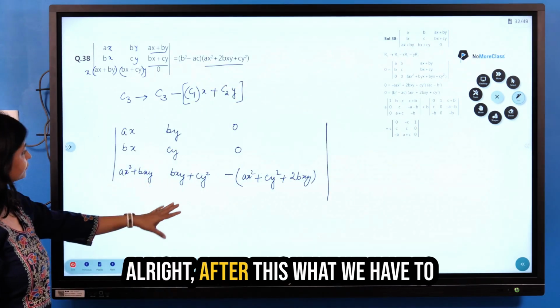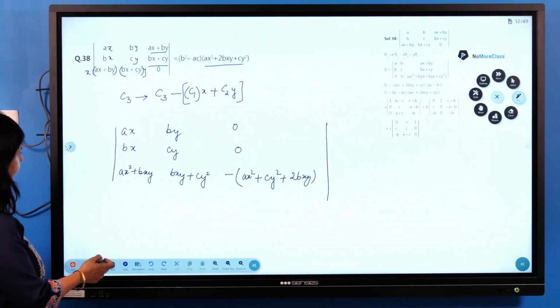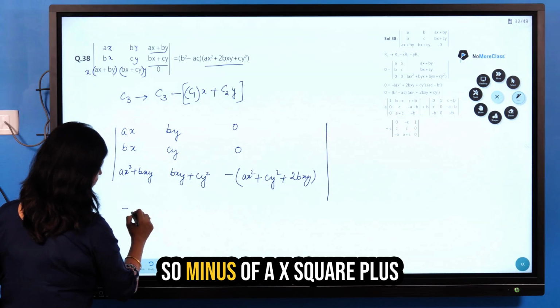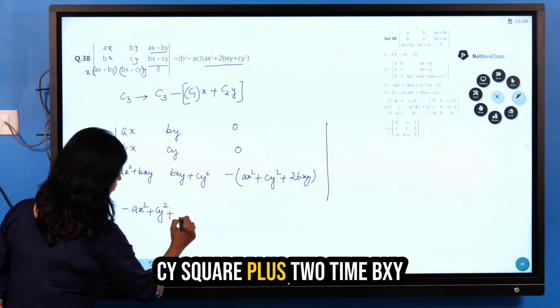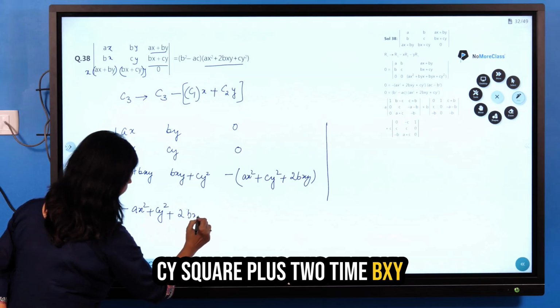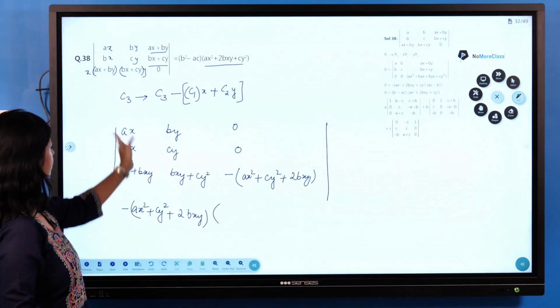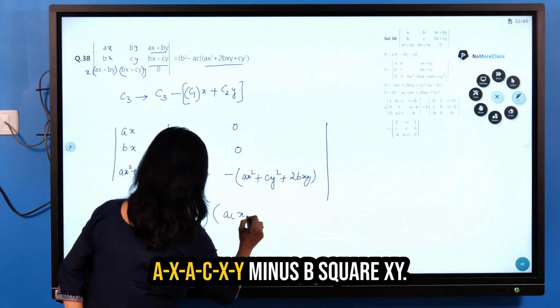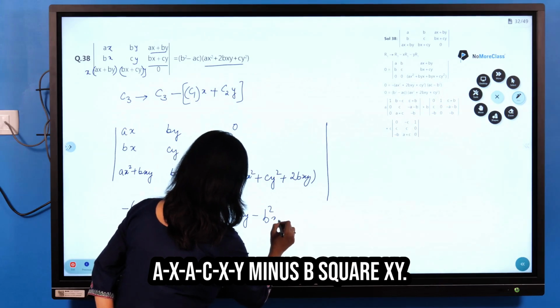All right. After this, what we have to do is we have to expand from here. So third. So negative, no problem. So minus of AX squared plus CY squared plus 2 times BXY into ACXY minus B squared XY.